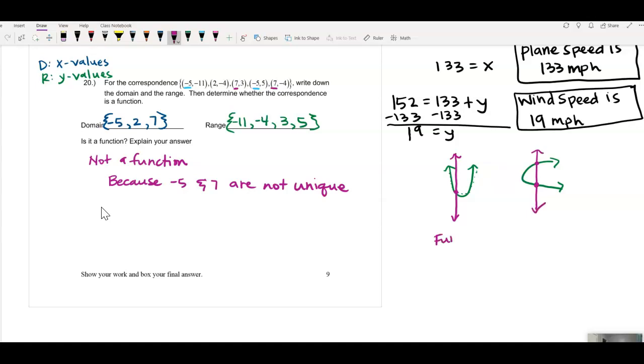So this is a function that only hits in one place, but this is not a function because it hits in more than one place. So they might ask with pictures also if something is a function or not on the test. So it's good to make sure you know that as well.